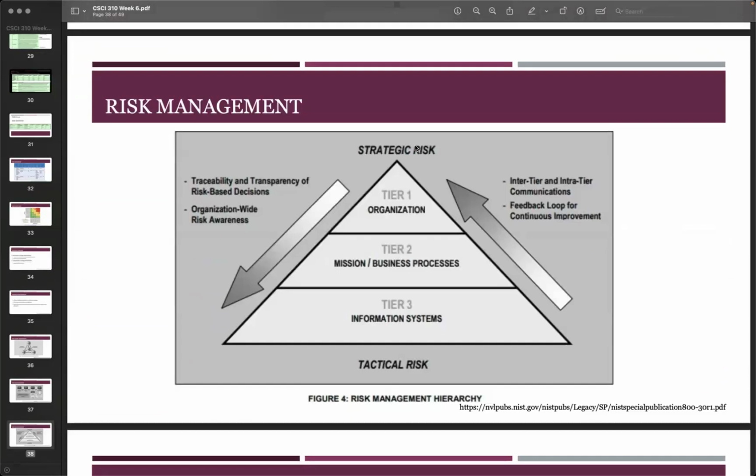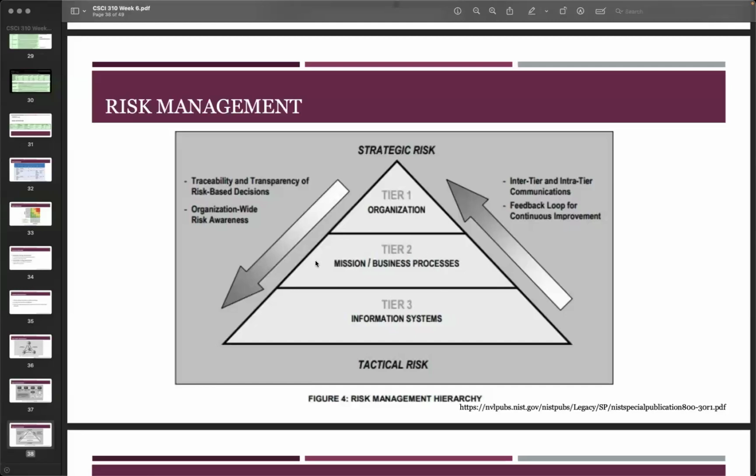Here, we have a strategic risk. First, tier 3 information system, tier 2 the mission or business process, and then the top will be the organization. So here, the inter-tier or intra-tier communication, we have a feedback loop for continuous improvement. So always have communication.